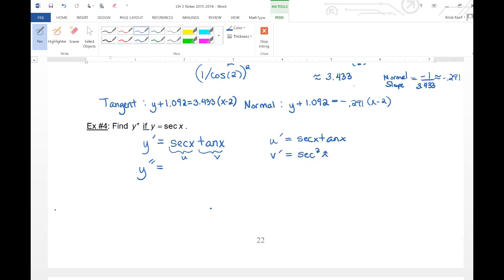So it's secant x times secant squared x, plus tangent x times secant x tangent x. So secant cubed plus secant tangent squared x. So that's your second derivative.